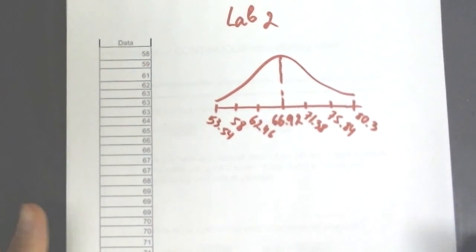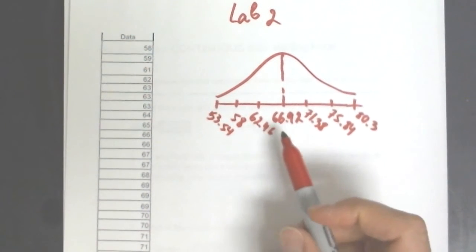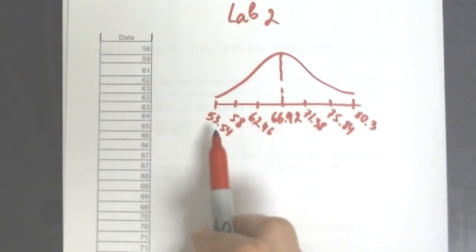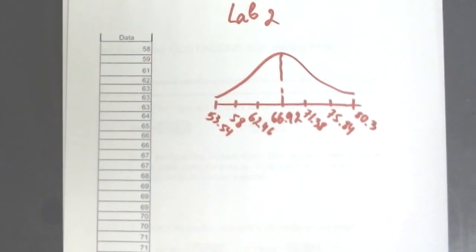So according to the empirical rule with my mean and standard deviation, this is how it's going to change. Let's see how my data gets affected here.